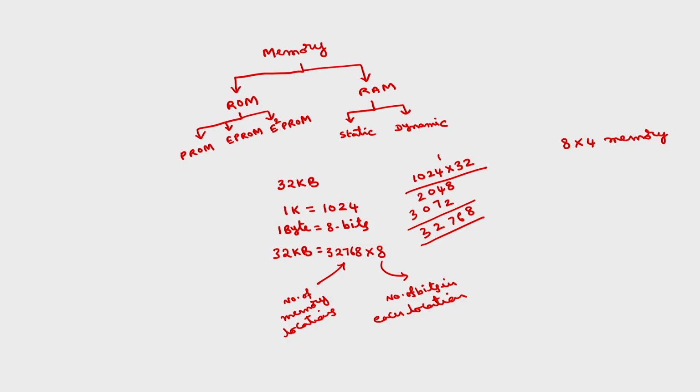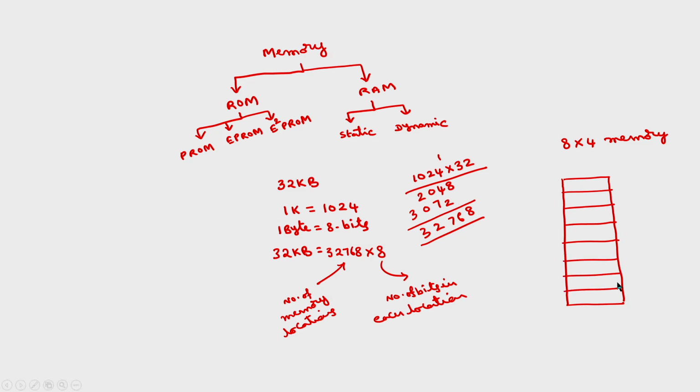What does it mean? It means we have 8 locations, 1, 2, 3, 4, 5, 6, 7, 8, and each location is capable of storing 4 bits of information. Each bit can be 0 or 1.